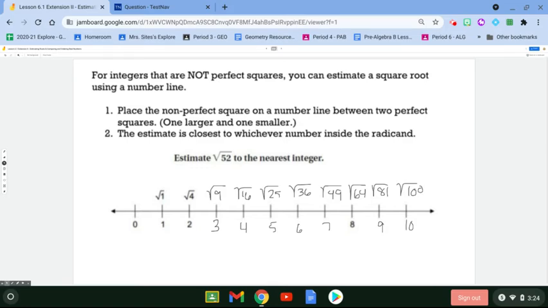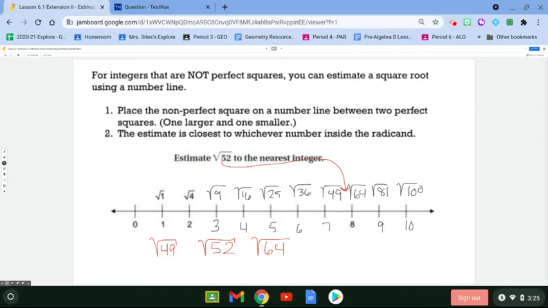The square root of 52 goes in between the square root of 49 and the square root of 64. So that means my answer is going to be somewhere between 7 and 8. I'm going to write that down: the square root of 52 is in between the square root of 49 and the square root of 64.